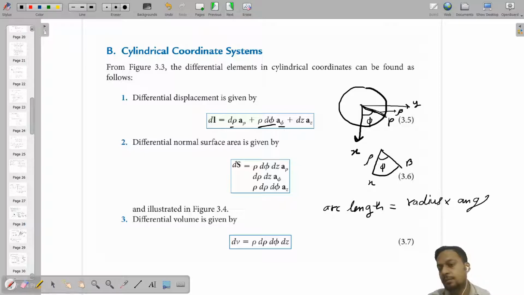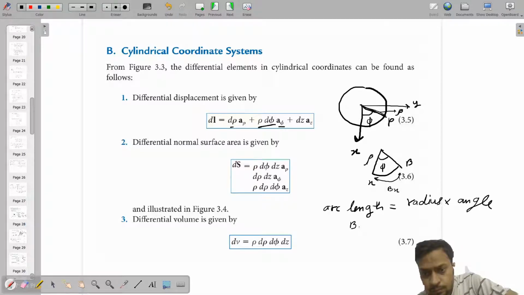So from this figure, the arc length is equal to radius into angle. So if we call this arc length bx, then bx is equal to radius, which is rho, times the angle, which is phi.